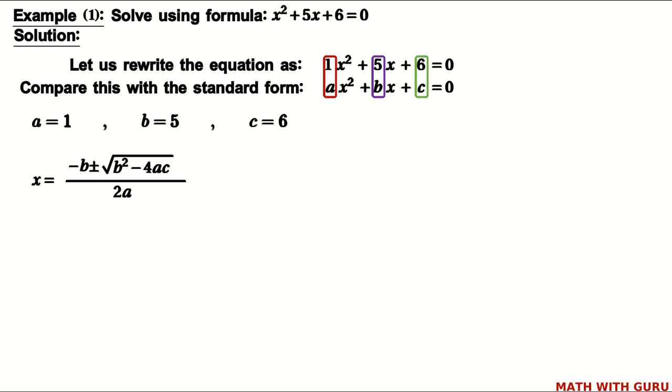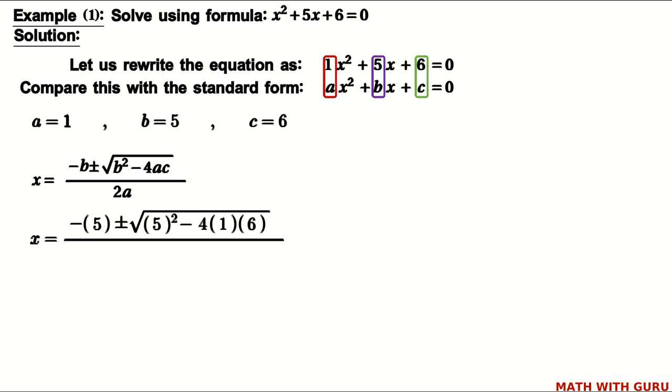Now it is time to substitute the values. First, minus b. b is 5 here, plus or minus root of b square. b is 5 and its square, minus 4ac. a is 1 and c is 6, whole divided by 2a. a is 1.